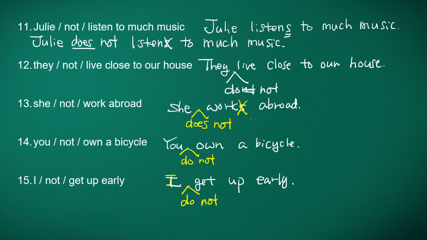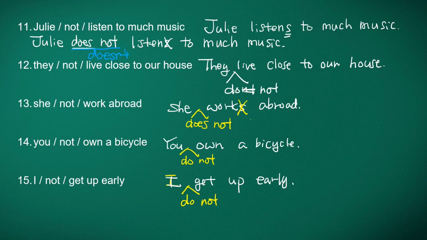And then here, let me choose some different color here. And Julie does not listen to music. Does not. Contraction will be Julie doesn't, D-O-E-S-N-T. The color is not good. Okay.